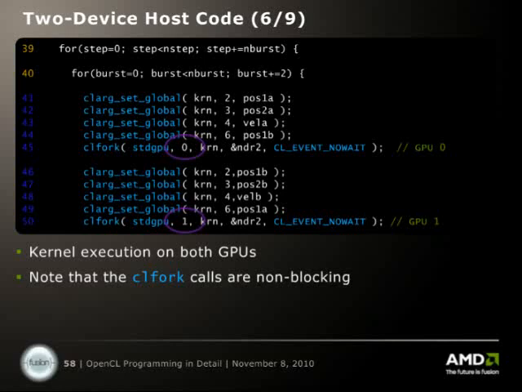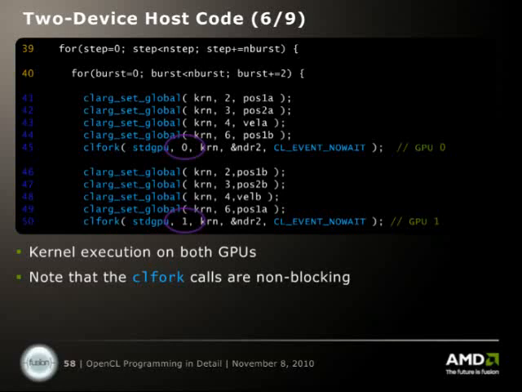But now we also have to set argument 4 to point to the velocity array. And then additionally, we have to set kernel argument 6 to point to the array of particle positions that I refer to as being the remote particle positions, that are the particles that are not being updated by this GPU. But having set those kernel arguments, then we simply enqueue our kernel very similar to what we did before.